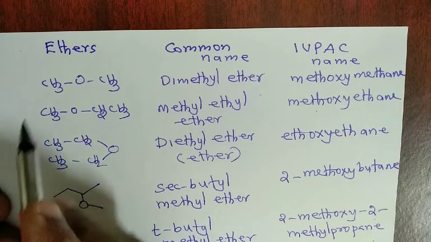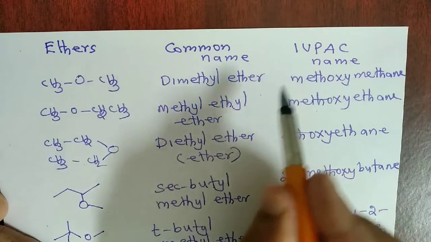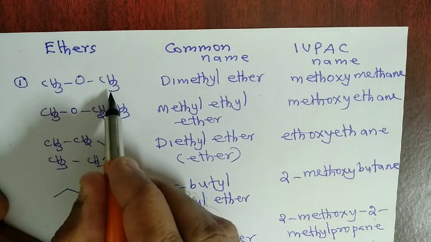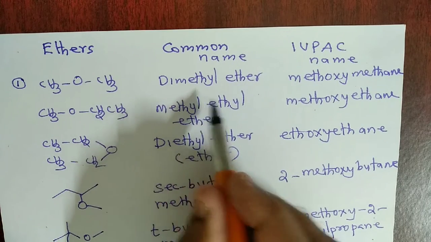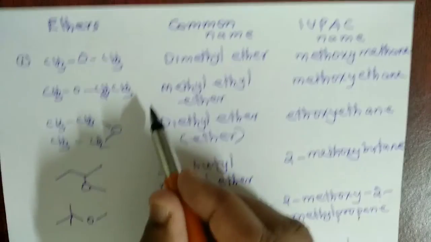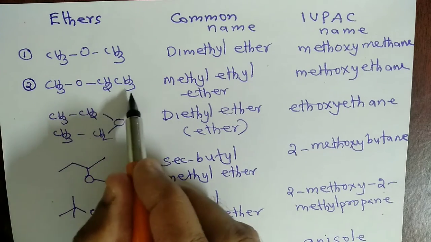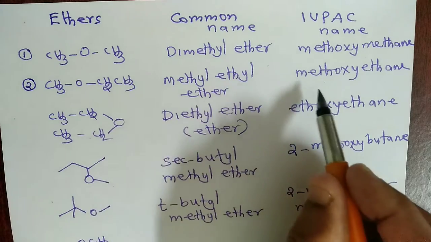A few examples: ethers, common name and their IUPAC name. First one, CH3OCH3. It is a dimethyl ether. IUPAC name methoxymethane. Second, CH3OCH2CH3. Methyl-ethyl ether or ethyl-methyl ether.